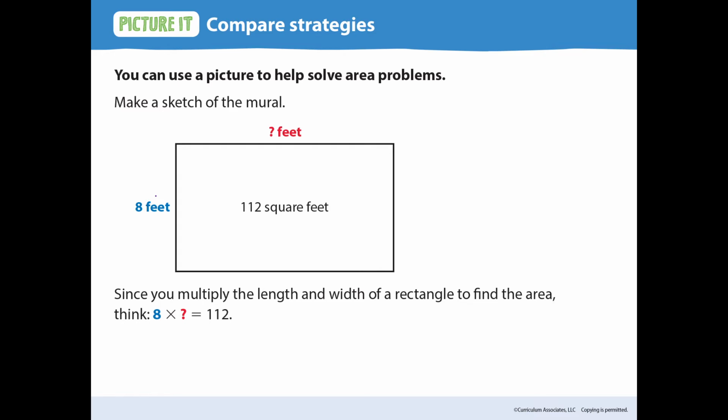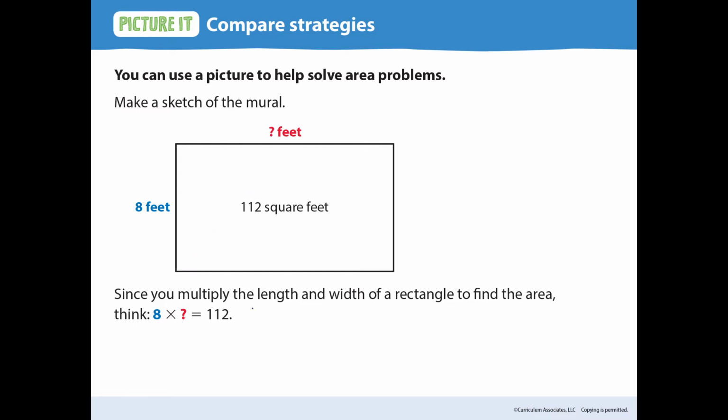All right, let's go through some strategies that you can use to solve this problem. Picture it. You can use a picture to help solve area problems. First, you can make a sketch of the mural. So here's the rectangular mural, and his tile covers 112 square feet. And we know that the width is 8 feet, but we don't know the length of our mural, so we have this question mark up here.